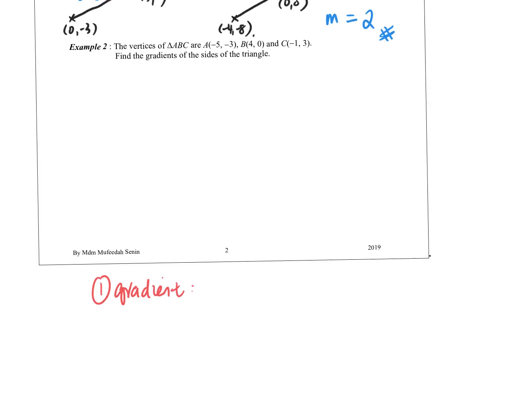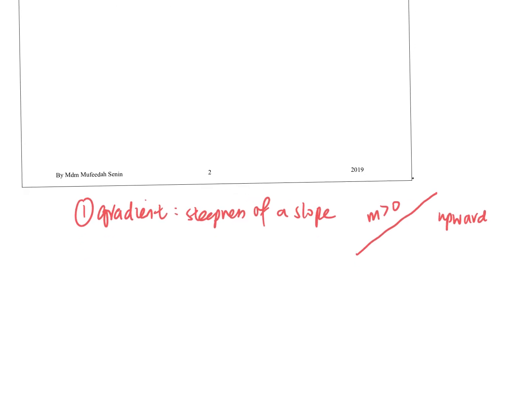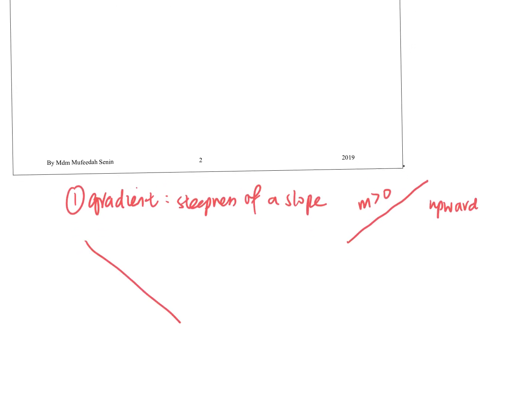The steepness of a slope. It can be upward sloping. If it's upward sloping, your gradient will be a positive value. If it's downward sloping, it will be a negative value. If it's flat, it basically has no gradient.